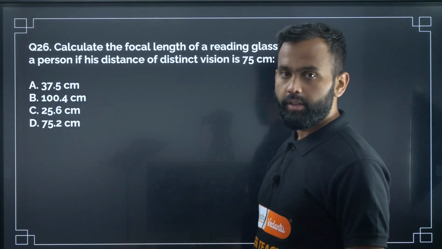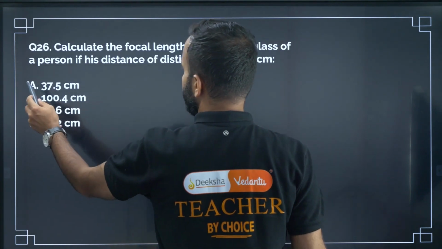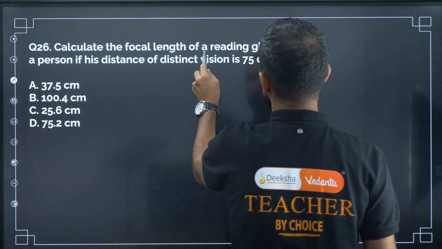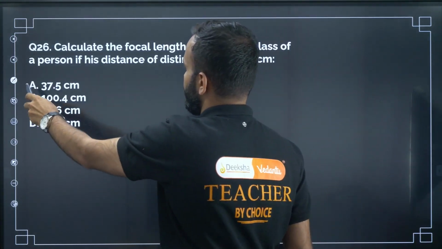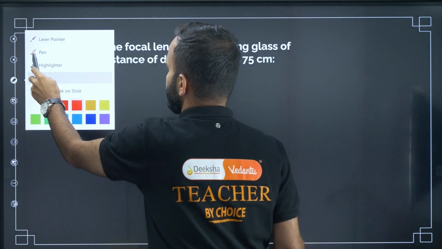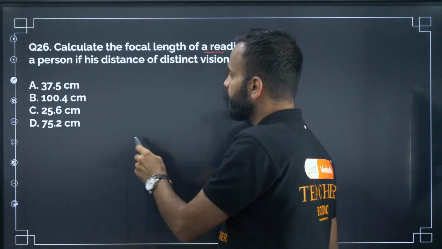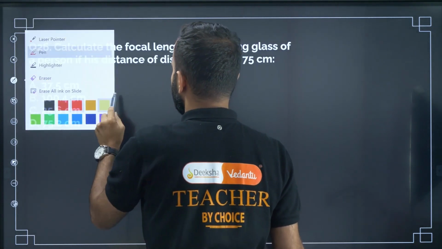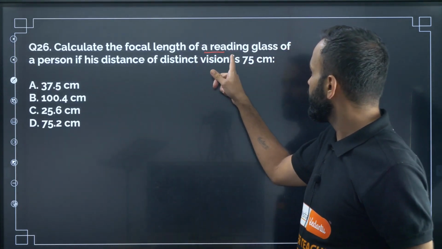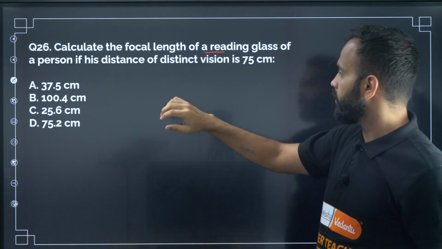Question number 26. Calculate the focal length of a reading glass of a person if his distance of distinct vision is 75 centimeter. Here we need to find the focal length of the reading glass of a person.